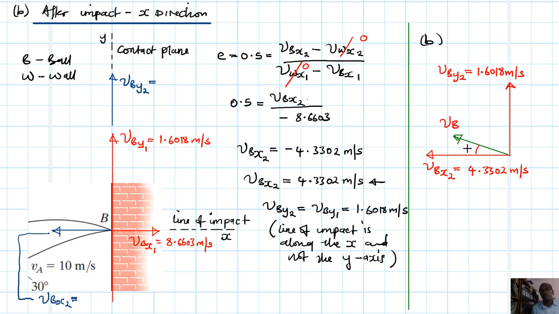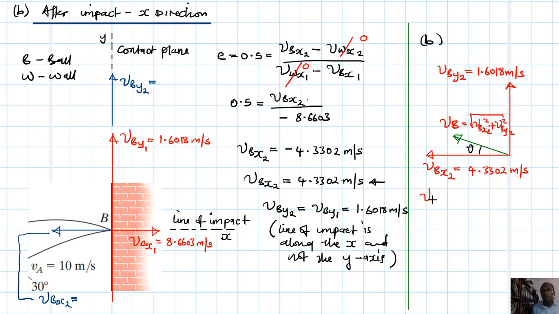Then we do have this angle here. This one is just equal to the square root of V_BX2 squared plus V_BY2 squared.